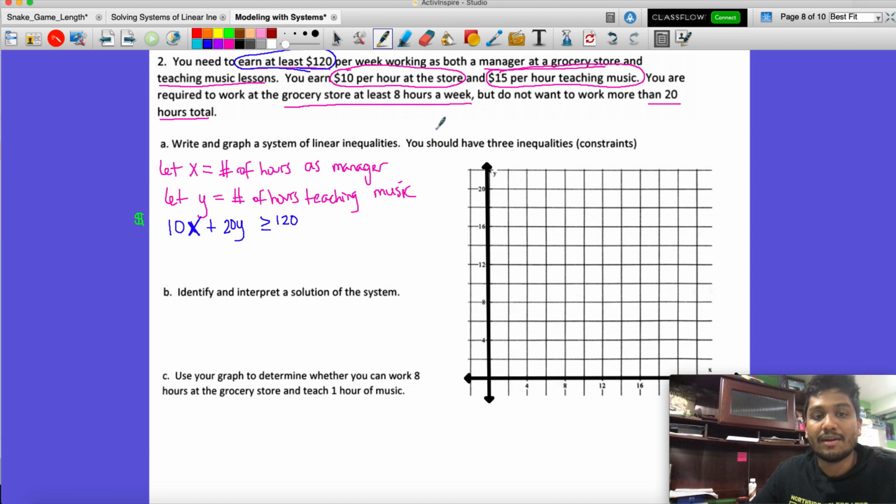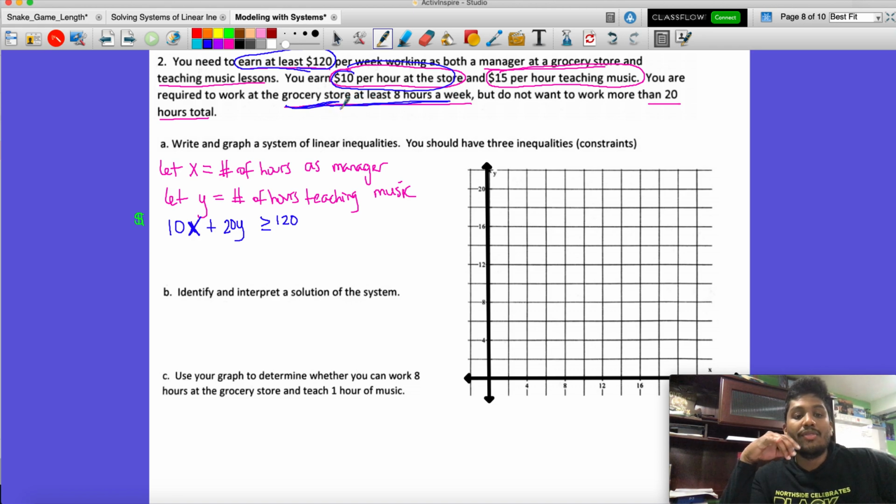The second thing now is we can look at this, and we did what? We did this piece. We actually took care of these things already, okay? It says that you are required, it's mandatory, that he works at the grocery store at least 8 hours. So that is a very specific constraint.